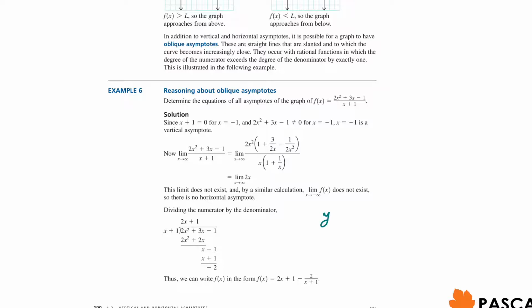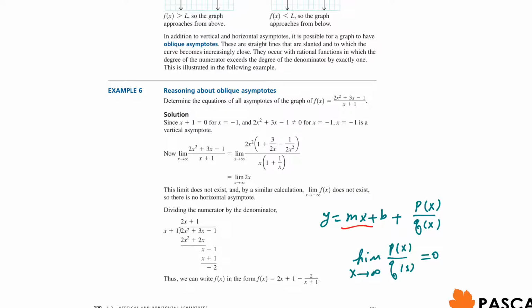If a function can be written as y equals mx plus b plus p of x over q of x, when the limit of p of x over q of x as x approaches infinity is 0, then the graph of the function and the graph of the line y equals mx plus b are close to each other at infinity. Therefore, y equals mx plus b is the equation of the oblique asymptote of the function.